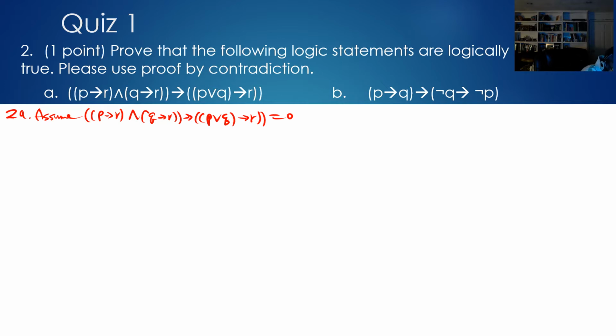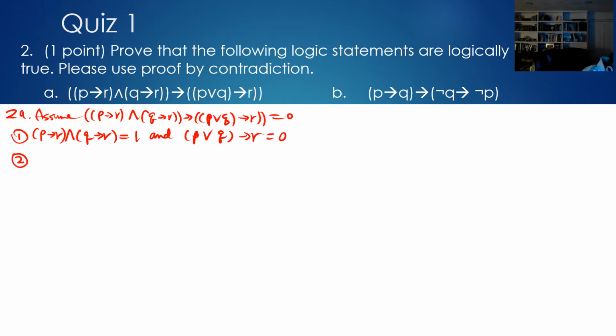So if the result for the implication is false, that means the antecedent must be 1, and the consequent must be 0. So by definition of the implication, the result is 0 if and only if the antecedent is 1 and the consequent is 0. So I call this 1, and then 2.